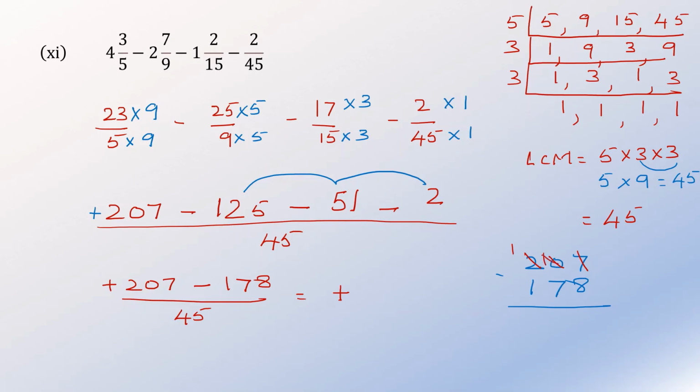This is 10, which becomes 9, and this becomes 17. So 17 minus 8 is 9. 9 minus 7 is 2. 1 minus 1 is 0. So this becomes 29 by 45. This cannot be reduced further. So this is my final answer, 29 by 45.